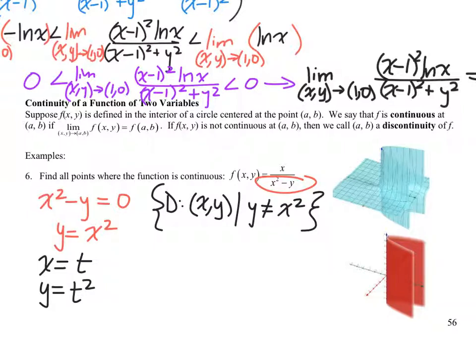The thing is, we have to prove it, or at least justify it with limits. Why are we making our parametric equations based off of the line where it's defined to be non-continuous?